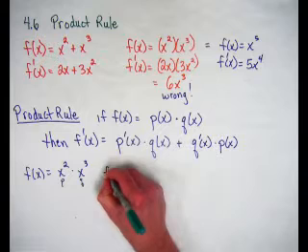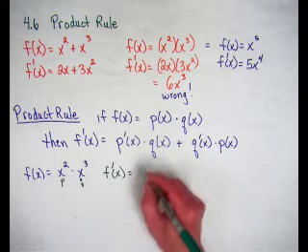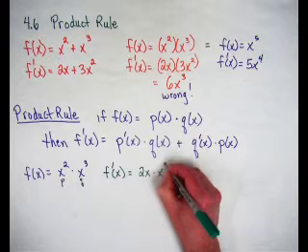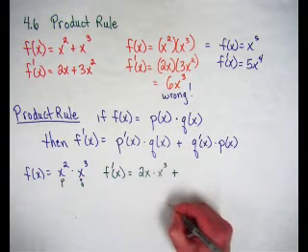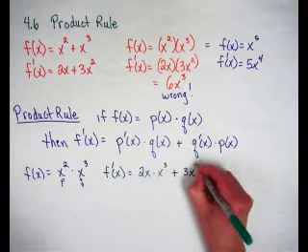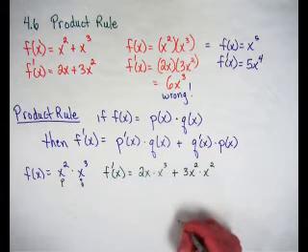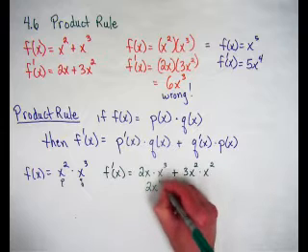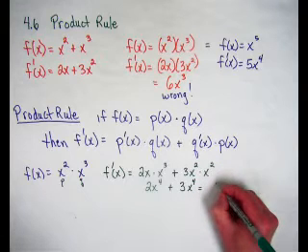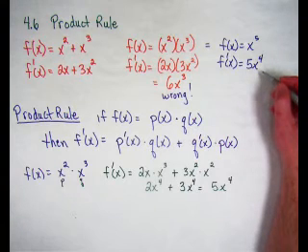So according to the product rule, my derivative f prime should be the derivative of p, which would just be 2x, multiplied by q, which would be x cubed, plus I now take the derivative of q, x cubed, and I get 3x squared times p, which is x squared. Now notice what happens. We get 2x to the 4th plus 3x to the 4th, which is 5x to the 4th, which doesn't surprise us because we already knew that was the correct answer up here.